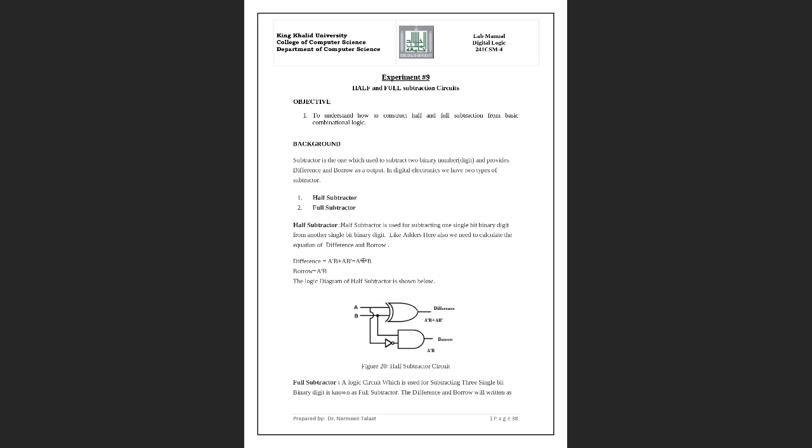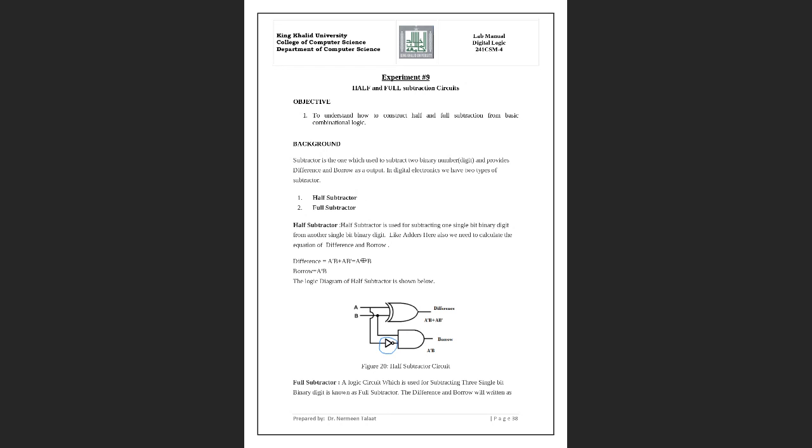Now, the only change you see here is A dash. A dash means NOT of A, and B, with an AND between them. I will mark the only difference in the half subtractor.